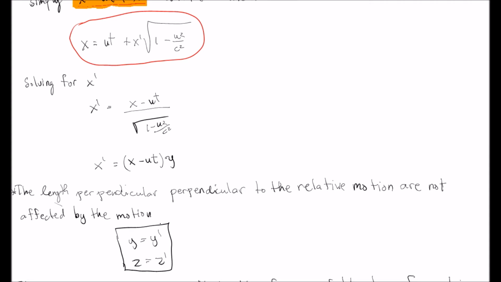Since the y axis and the z axis are perpendicular to the direction of the motion, y is still equal to y prime and z is still equal to z prime.